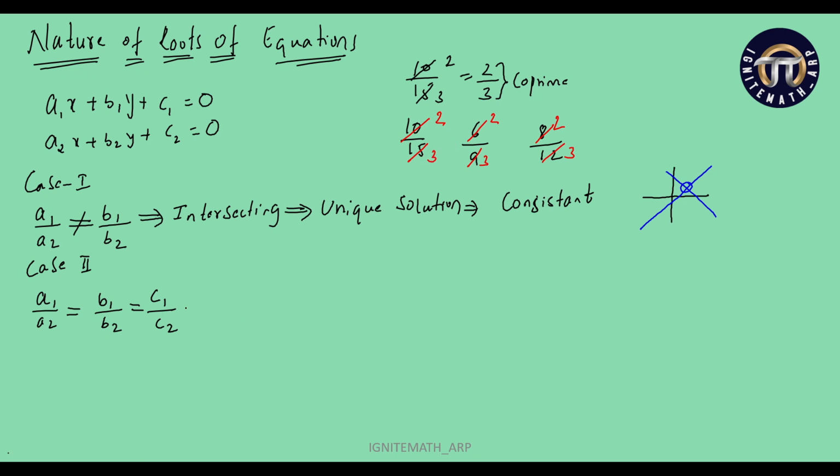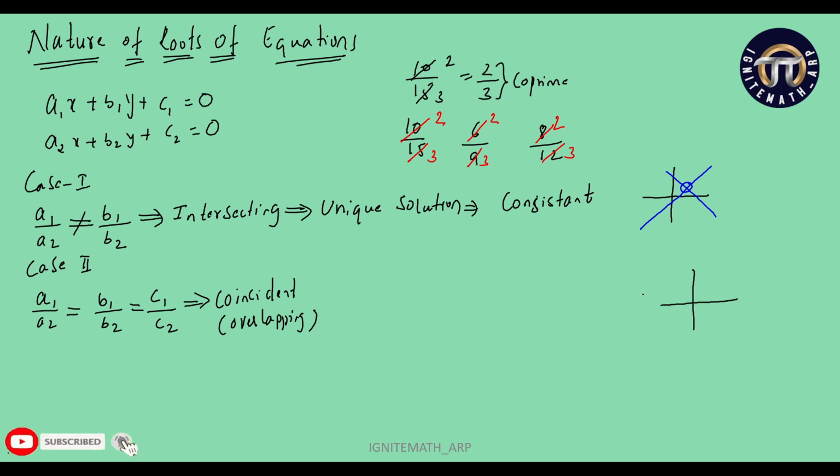So now come back to this concept. If A1 by A2 is equal to B1 by B2 is equal to C1 by C2, how are the lines? Lines are coincident. Coincident in the sense they are overlapping each other, when I am plotting the equations.